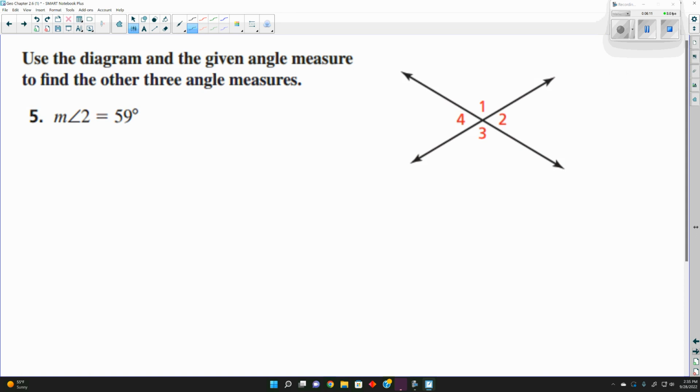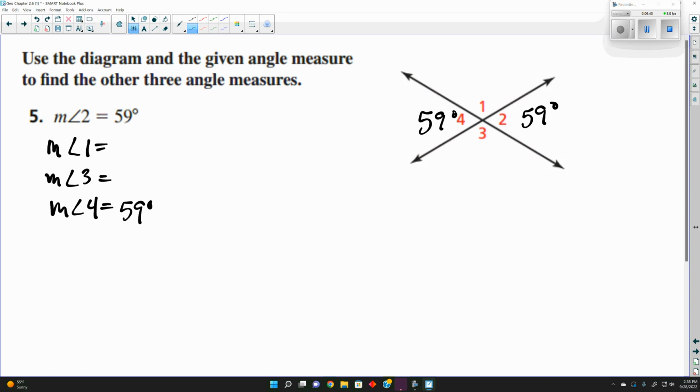Let's look at the next one here. So we're told that the measure of angle 2 is 59 degrees, and we want to find the measure of angle 1 and angle 3. All right, guys. So we need to find the measure of angles 1, 3, and 4. Angle 4 is 59 because 2 and 4 are vertical angles.